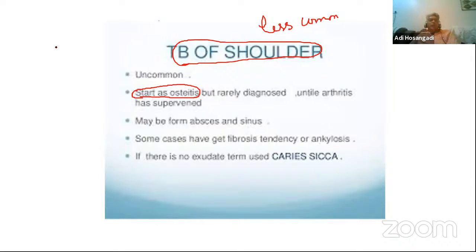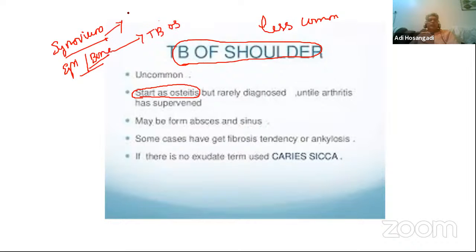One thing you please remember, any tuberculosis for that matter can start in the synovium or in the epiphysis or bone. If it is in the bone, it can cause tubercular osteomyelitis. If it is in the joint, it is called arthritis, isn't it? Arthritis in the joint, osteomyelitis in the bone: tubercular osteomyelitis or tubercular osteoarthritis.